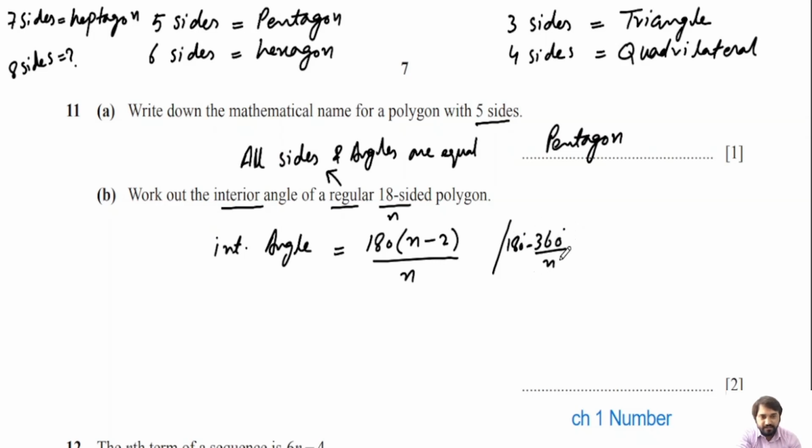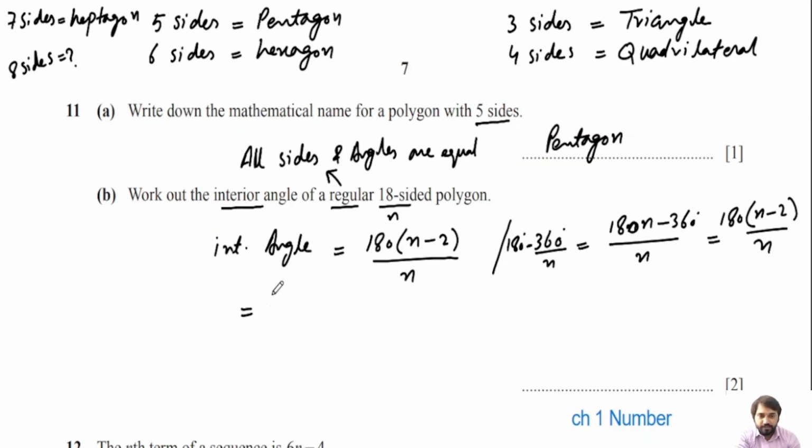When you take the LCM of this, you will get this. The LCM is n. There will be 180n minus 360. Now what is common in the numerator? We have 180 common. There will be n minus 2 over n. So it's up to you which formula you use. Both are correct.